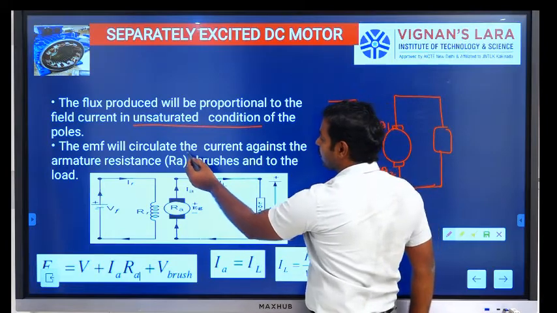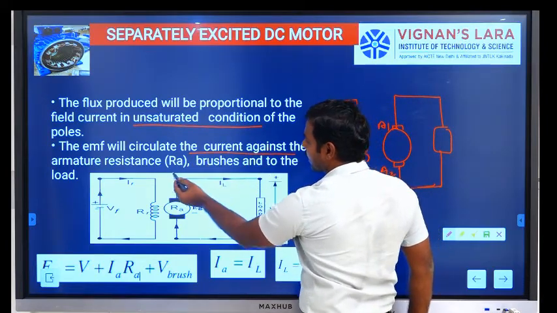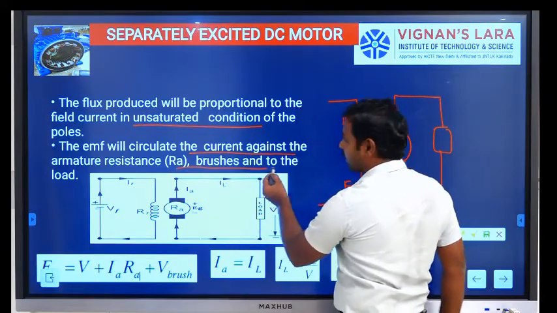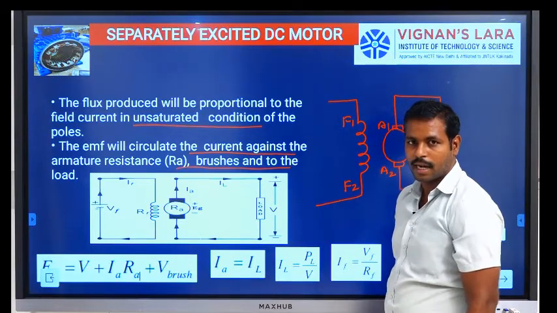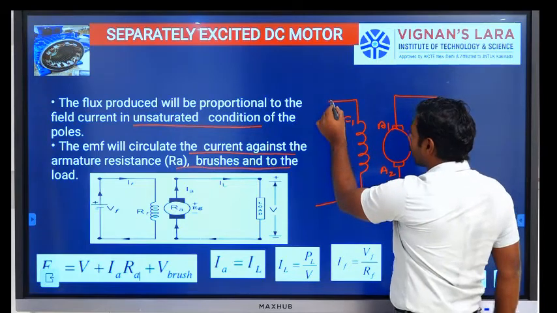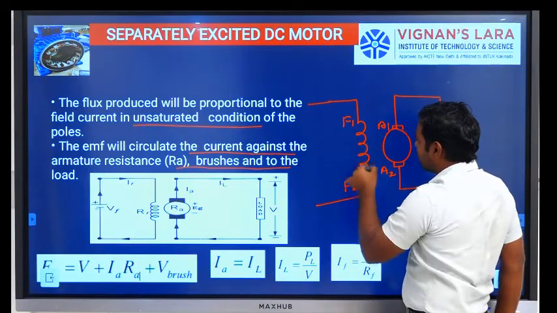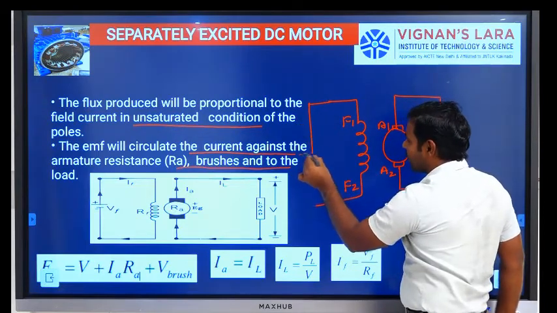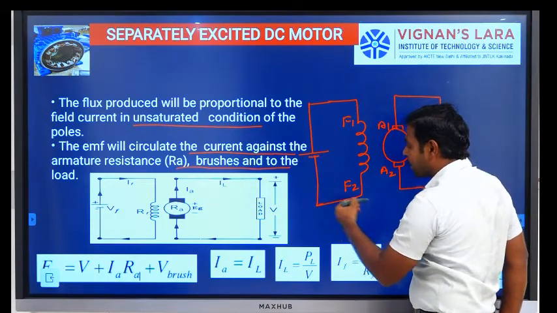The EMF will circulate current against the armature resistance and brushes onto the load. In a separately excited DC generator, the field winding is supplied separately, independent of the armature.